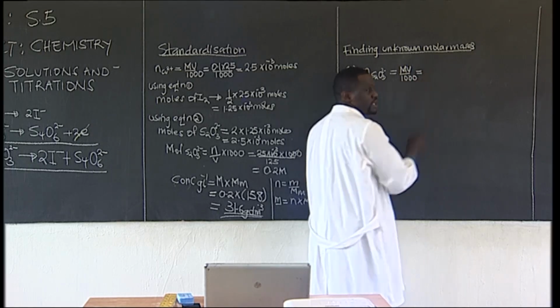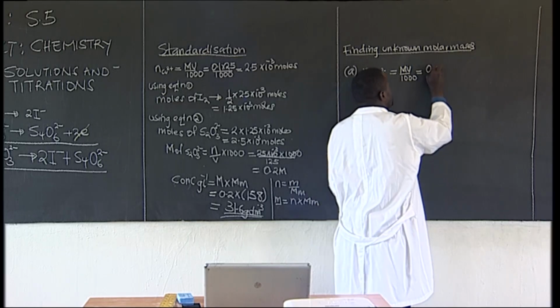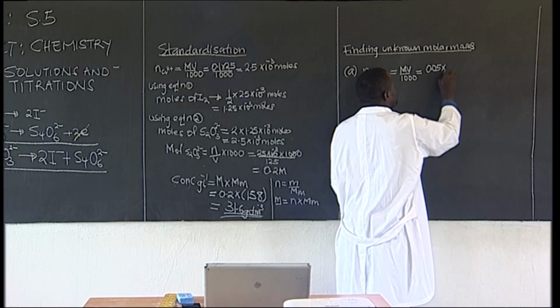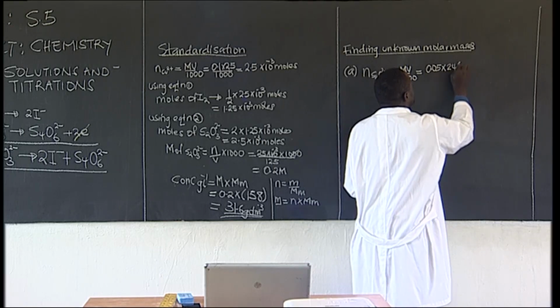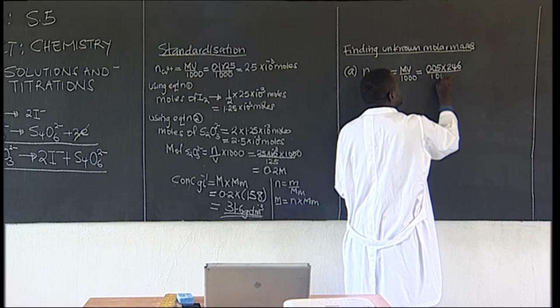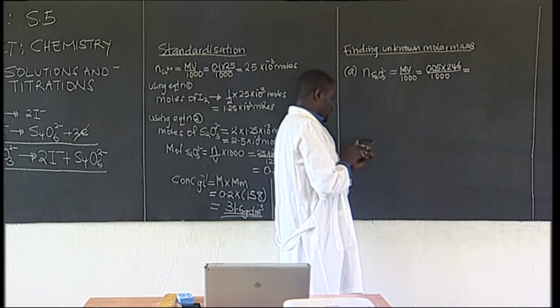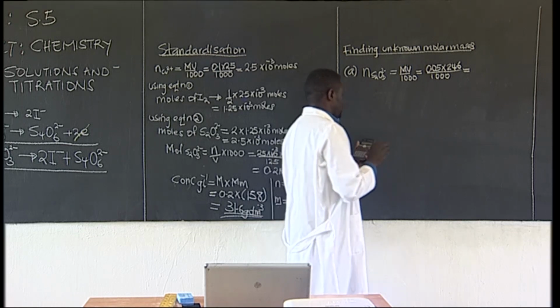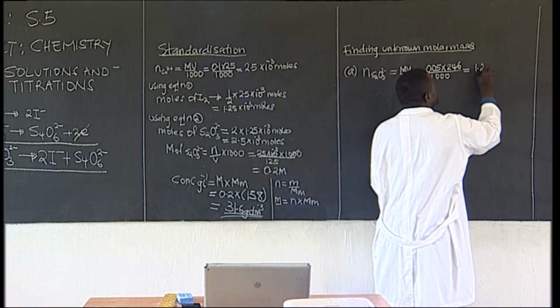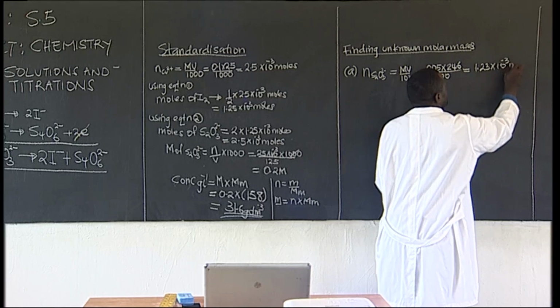We have molarity 0.05 times the volume 24.6 over 1,000, which is 0.05 times 24.6 divided by 1,000. So our answer will be 1.23 times 10 to the power -3 moles.